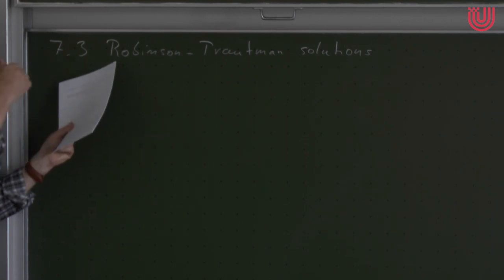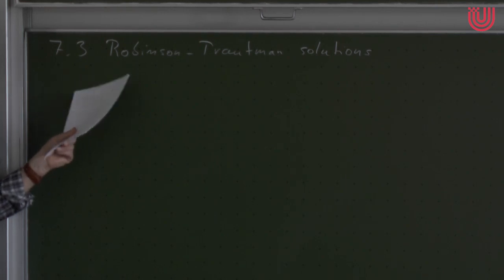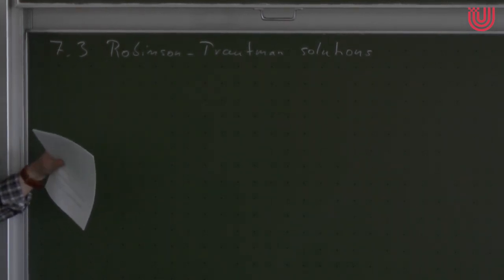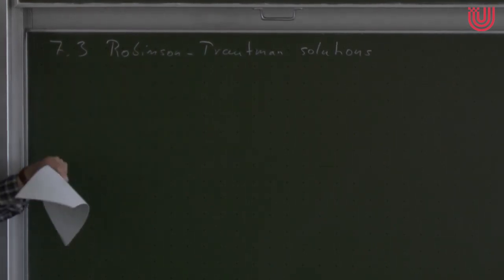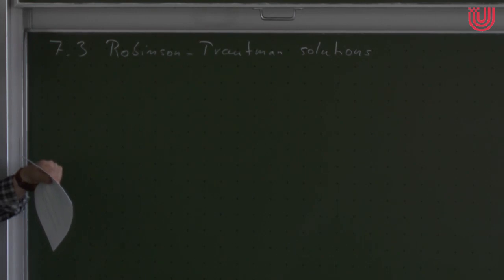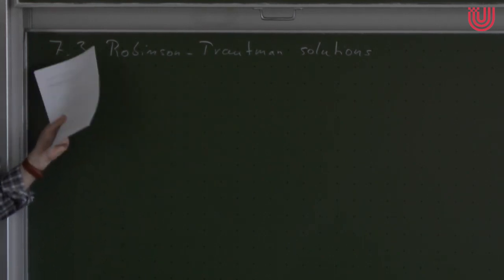Apart from a few very early papers, the theory of gravitational waves started essentially in the 1950s. In the 1950s, people really looked into this in detail, and Robinson was one of the leading figures.